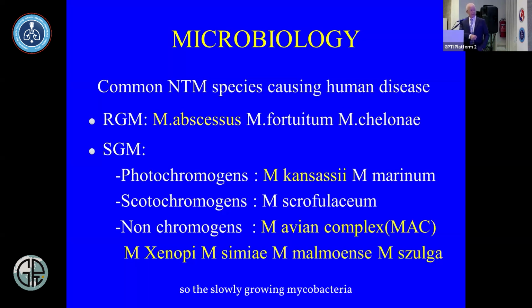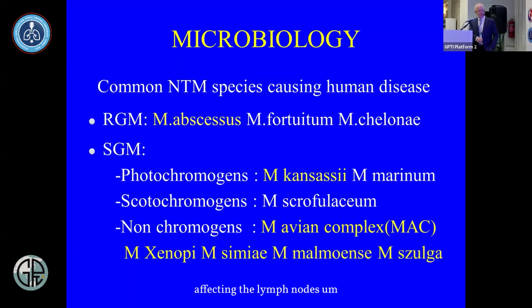So the slowly growing mycobacteria can be subclassified as photochromogenes, which produce pigment on exposure to light, like Mycobacterium kansasii. Scotochromogenes, mainly in children and affecting the lymph nodes, like Mycobacterium scrofulaceum, produce pigment when in darkness.